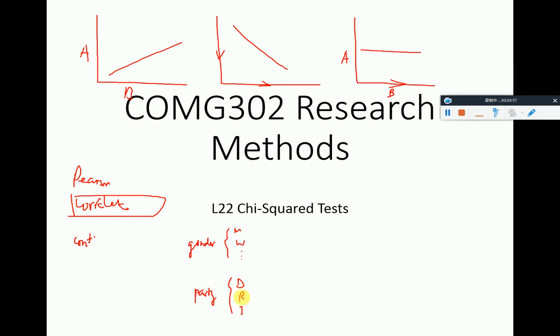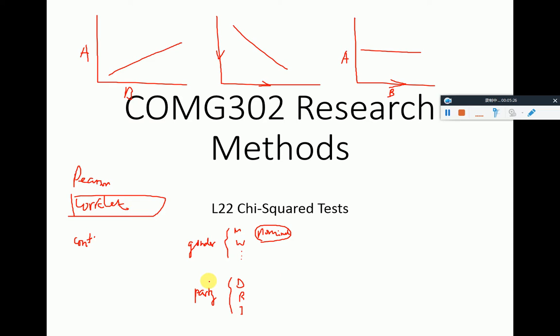There is no continuation. I think the two major parties are really opposing each other on many matters, at least in the US. But anyway, these are examples of categorical or nominal variables. That's just another way of saying that these are categories.